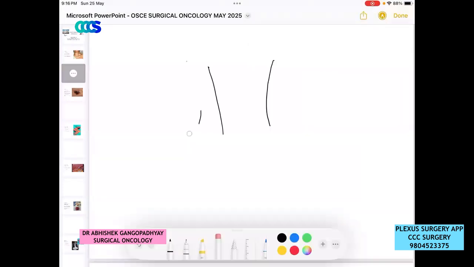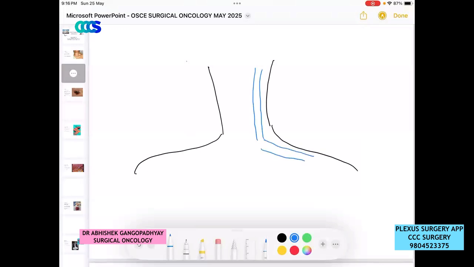Okay, this is your neck, and the IJV is draining, and your subclavian vein, they are joining here. Okay, and they form the brachiocephalic vein, which is draining the right side and forming the IVC. This is the venous drainage of your neck. Now, the thoracic duct, which comes through the posterior mediastinum, drains into this junction on the medial side.